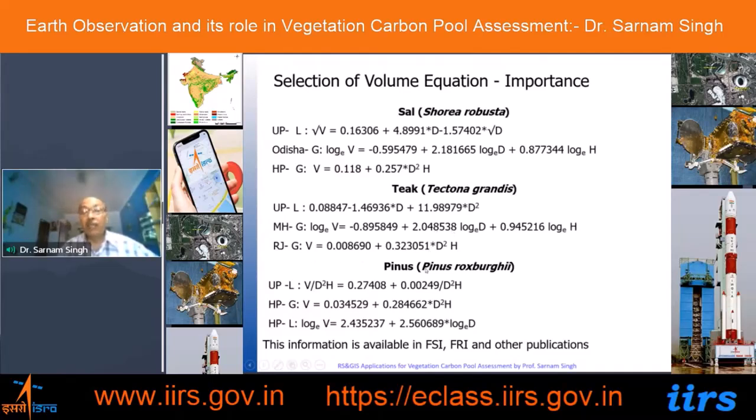Let us say in the hills, Pinus, chir pine. UP is different, Himachal Pradesh too. You can see two equations. So you can understand that site conditions and climatic conditions govern growth and density a lot. So please be careful whenever you are trying to assess biomass or carbon, use site specific equations.